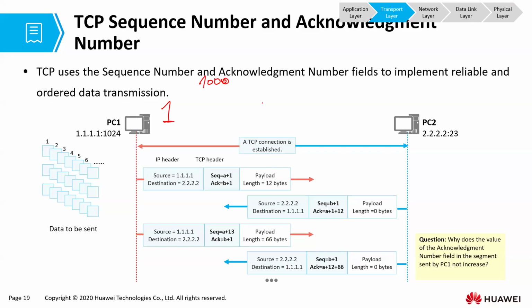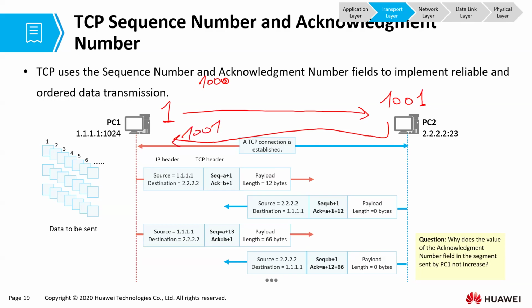So the first 1000 bytes are sent, and when they arrive, the sequence number there is 1001. Then if PC2 sends this number back, that is what is called the acknowledgement number. If PC1 receives 1001, it means we have successfully sent 1000 bytes. That's basically the idea behind sequence numbers and acknowledgements.